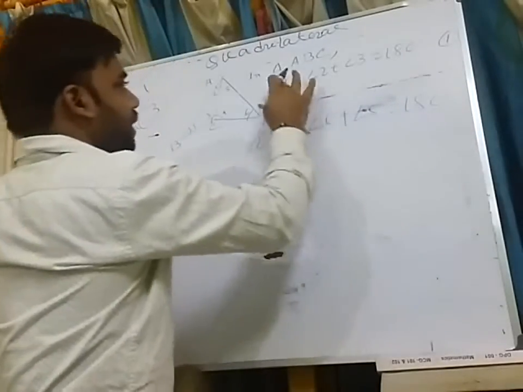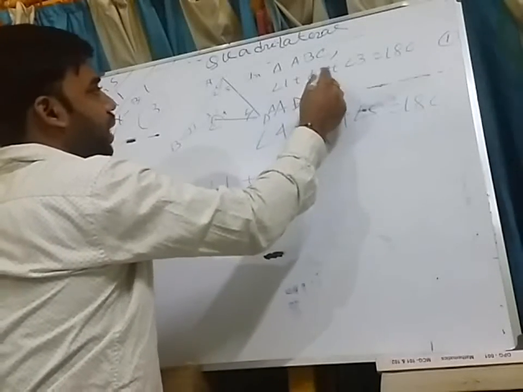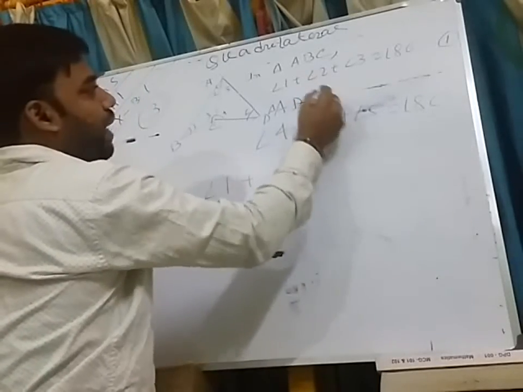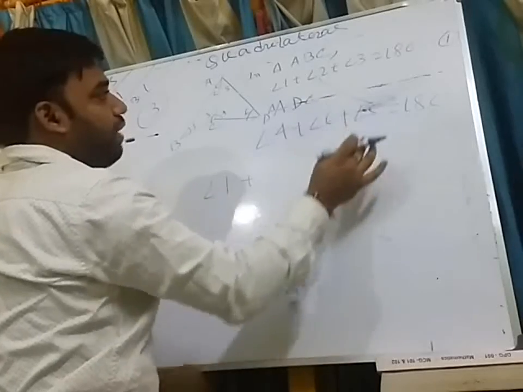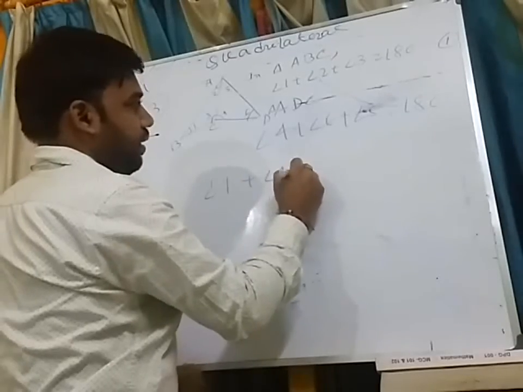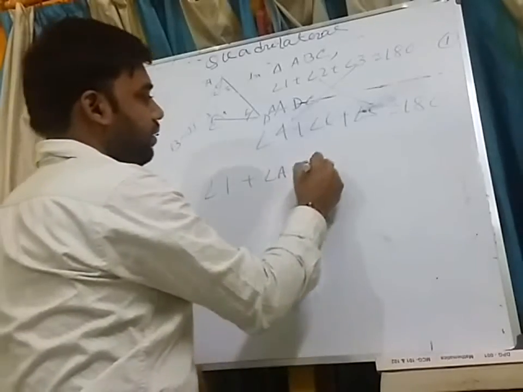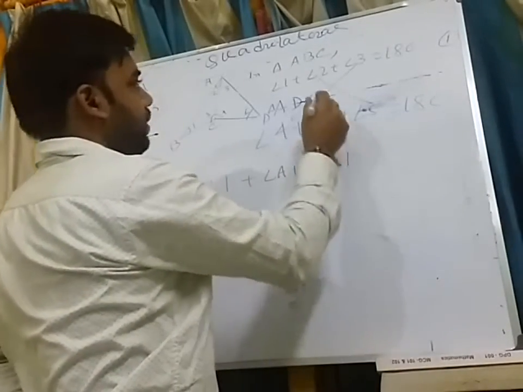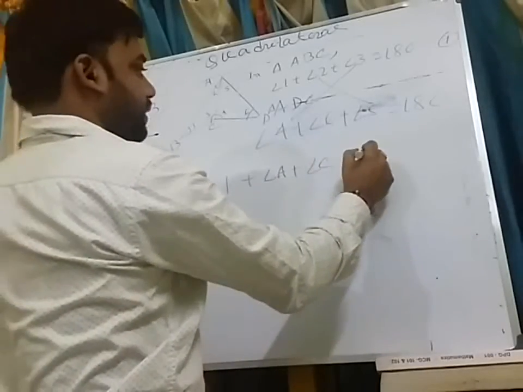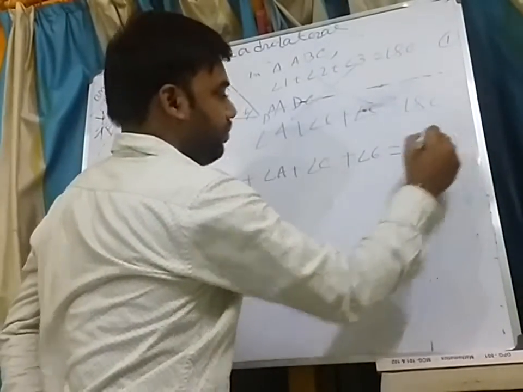Now adding these two, angle 1, and if I add angles 2 and 5 both, then it is angle A. Angles 3 and 4 together are angle C, and the remaining angle 6 is angle D, so the total is 180 plus 180, that is 360.